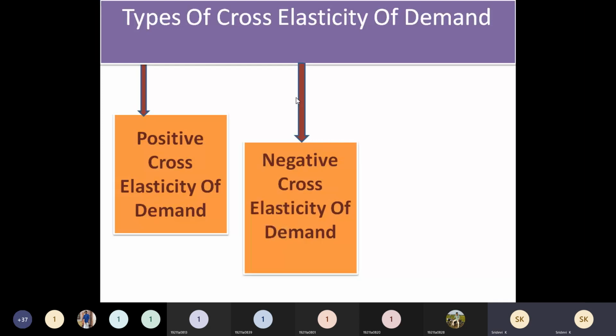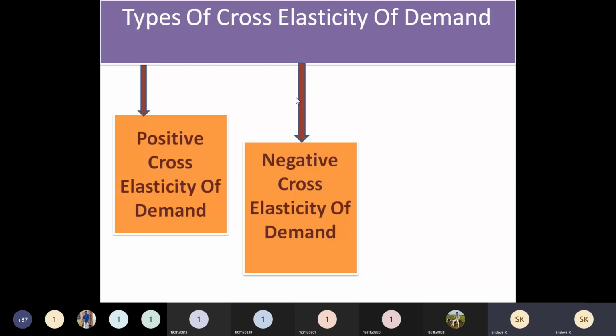Positive cross elasticity of demand means that under this cross elasticity, you are going to take substitutes. When a substitute product's price is increasing, automatically the sale of the product which we are producing will increase. Why?